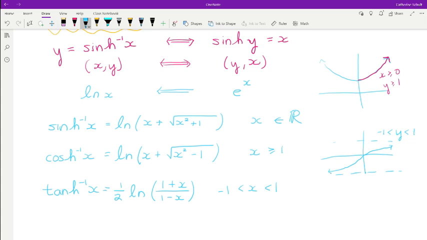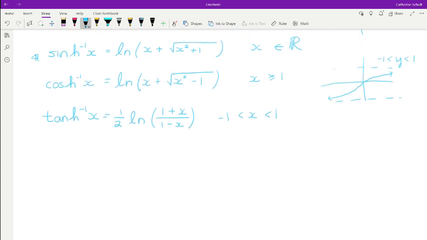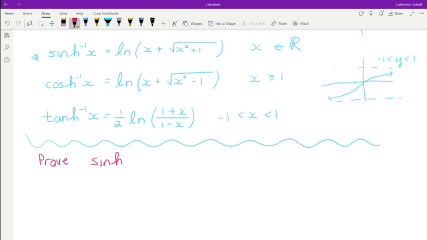All right, so these seem a little crazy. So we're going to figure out how we're actually getting such a crazy function. We're going to prove the inverse hyperbolic sine. Okay, so we get to prove that the inverse hyperbolic sine is equal to this.